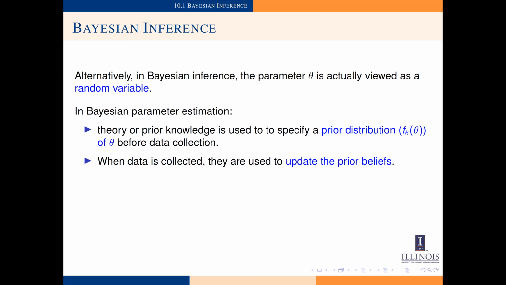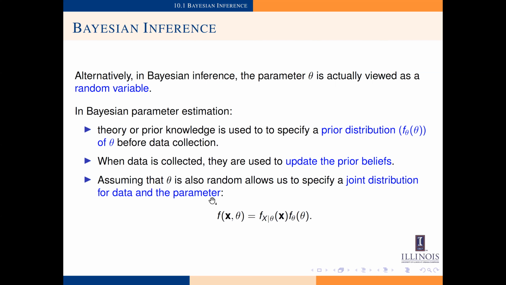And then when data is collected, they can be used to update the prior beliefs. And how do we do the updating? Assuming that theta is also random will allow us to specify a joint distribution of the data and the unknown parameter theta, because both of them are random variables.